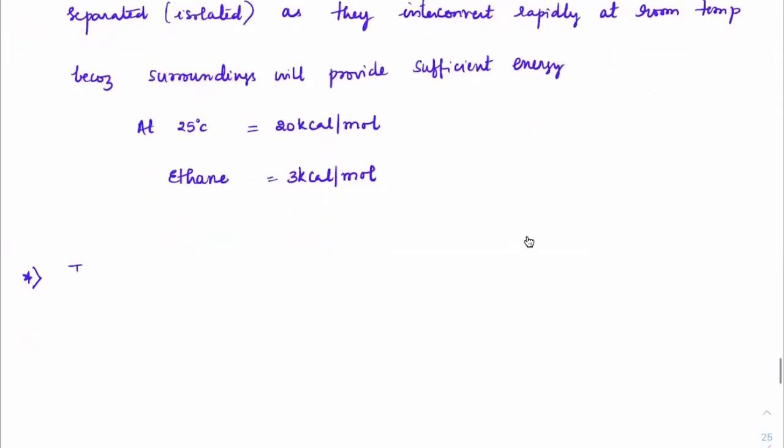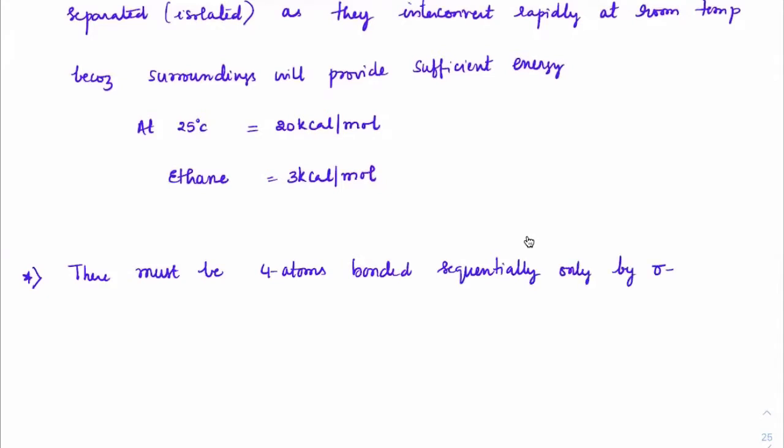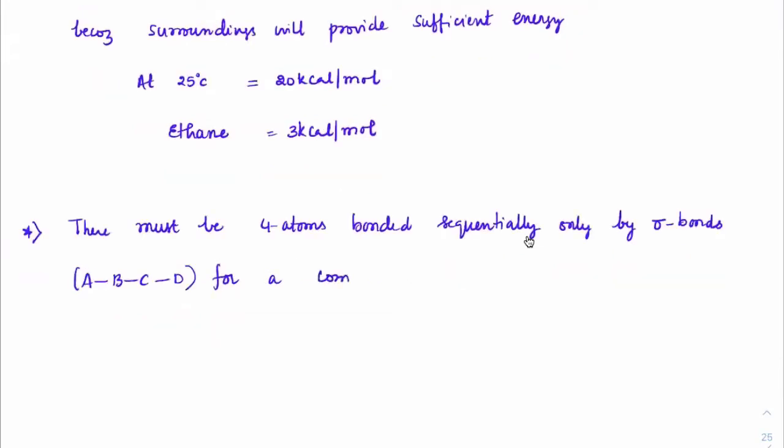Next important point is there must be 4 atoms bonded sequentially only by sigma bonds, like this: A, B, C, and D. There has to be sequential bonding like this for a compound to exhibit conformation.